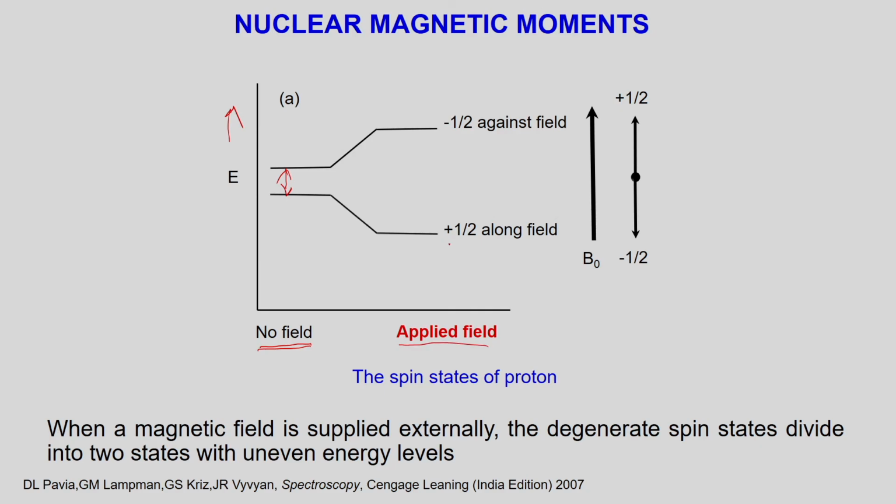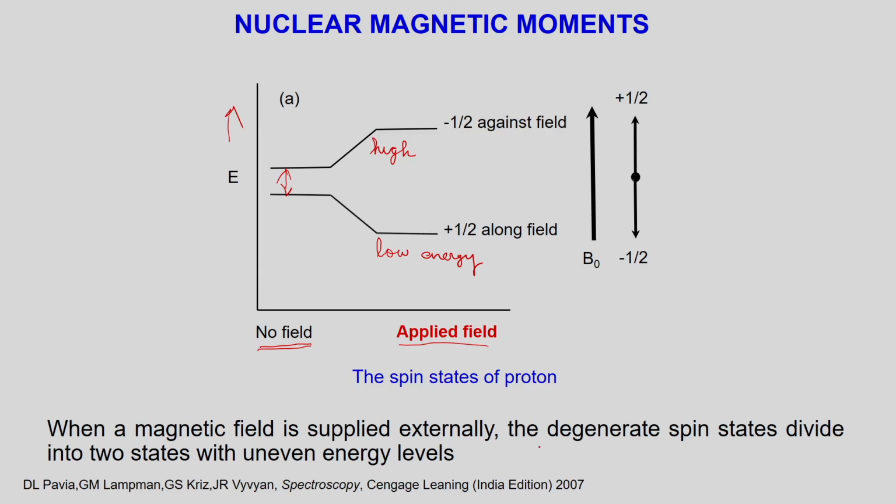The one which is lower energy will align along with the field, so it will have low energy. Those which oppose the field, minus half, will have higher energy. So, this gap is created, low and high. These are the two possible energy states when we talk of a proton.